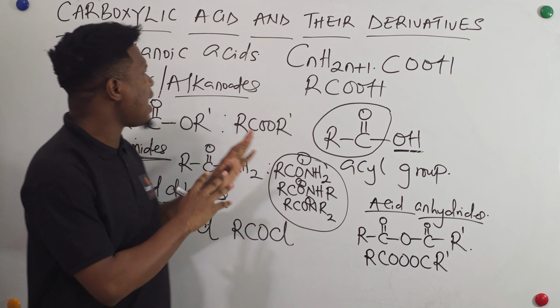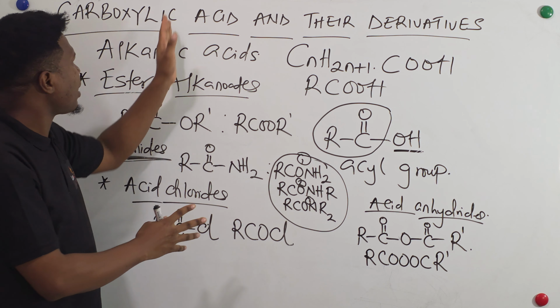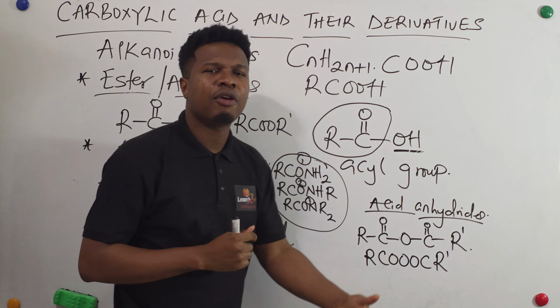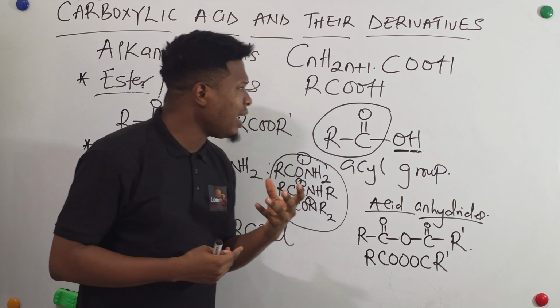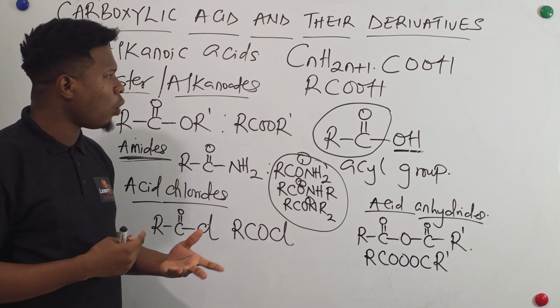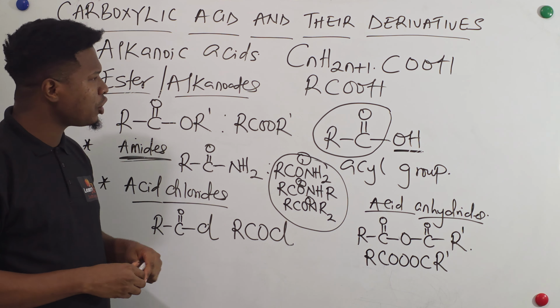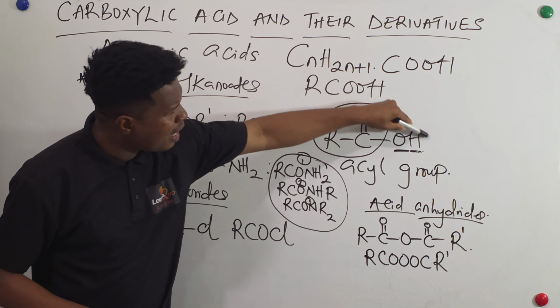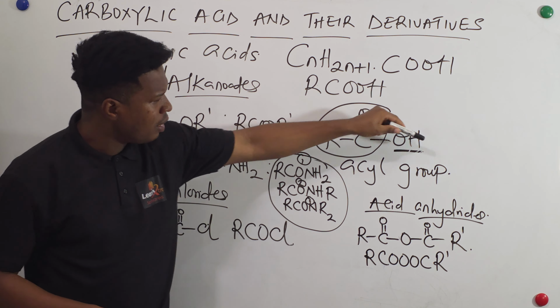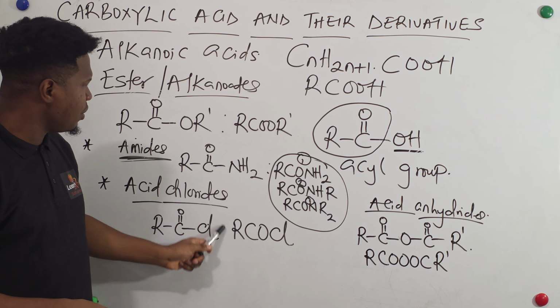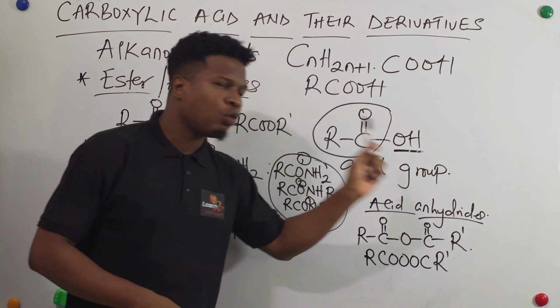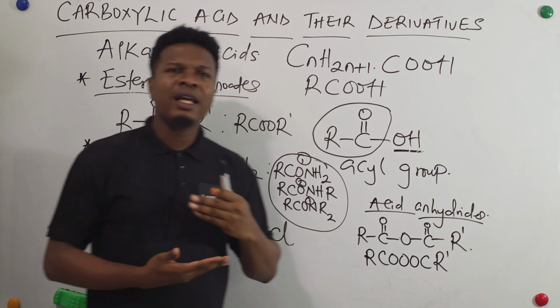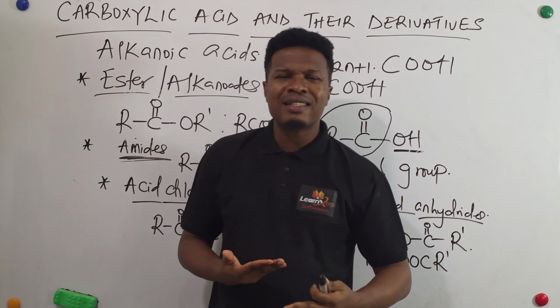So all these things are what we call derivatives of carboxylic acids. They are all derived from carboxylic acid. If you notice, they already have a leaving group. A leaving group is what will leave during reaction. During reaction, these things you are seeing here will act as leaving groups.